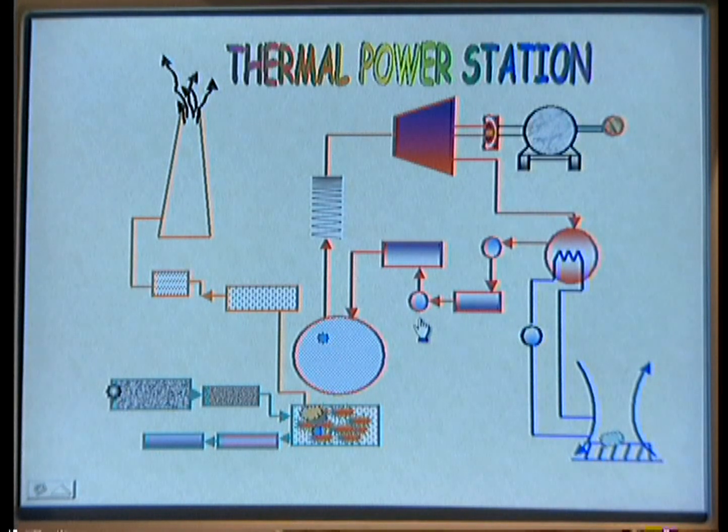Even then, the thermal power station efficiency is very low, that is less than 30%. Why? Our generator efficiency is above 97%, and the boiler efficiency is above 90%. But here the enemies are the turbine and condenser.